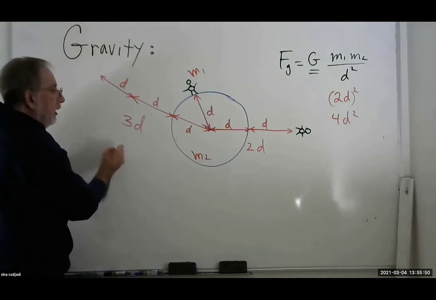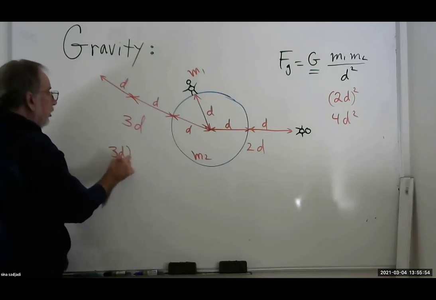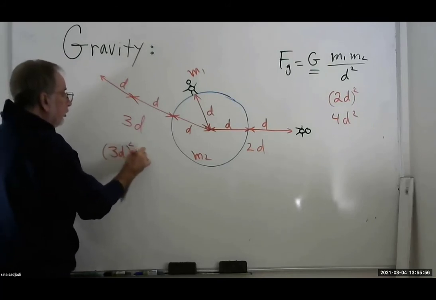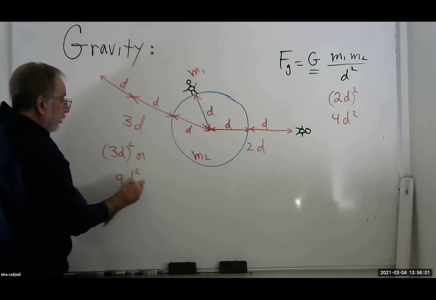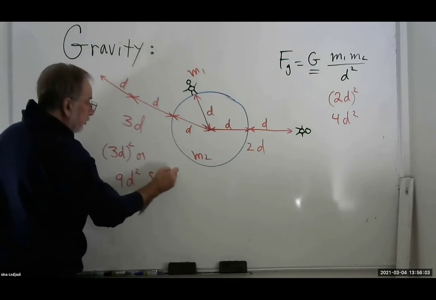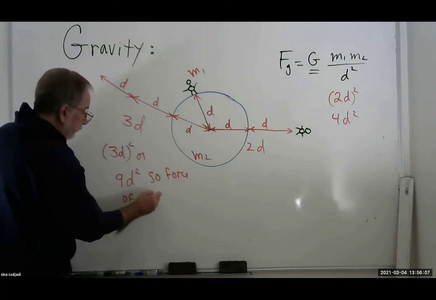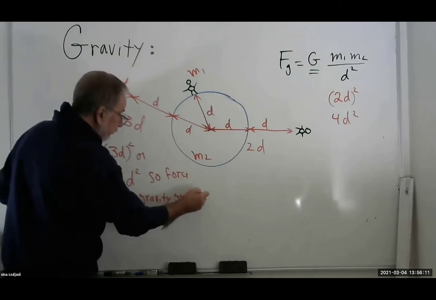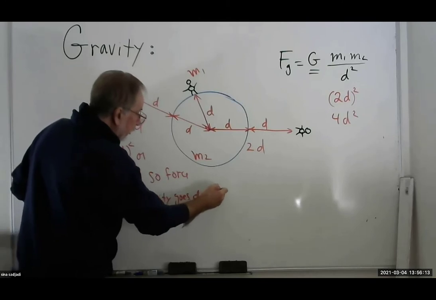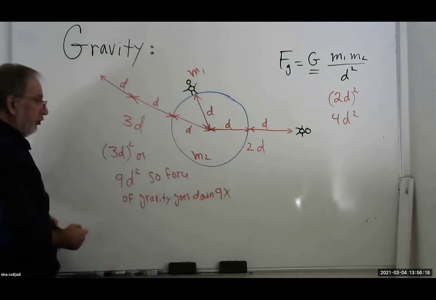Maybe 9D, right? It'd be 3D to the power of 2, or 9D squared. So the force of gravity goes down 9 times if I go away 3 times farther, right?